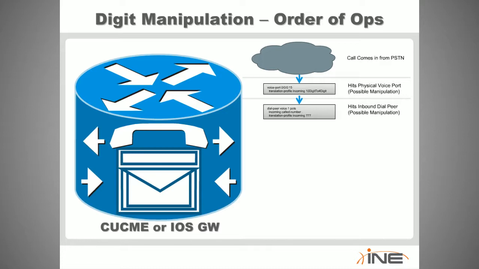So after we have the option of doing inbound digit manipulation at the inbound dial peer, we go to something that a lot of people have had confusion or misunderstanding with for a long time, which is number expansion. Number expansion is configured globally.